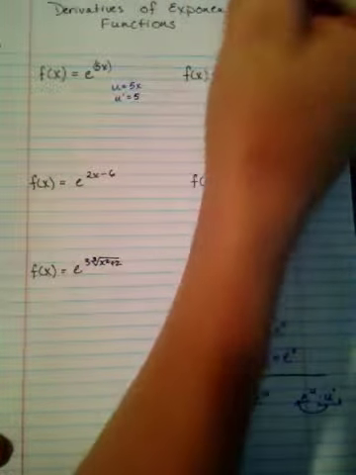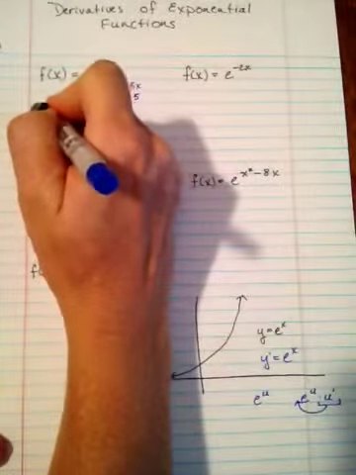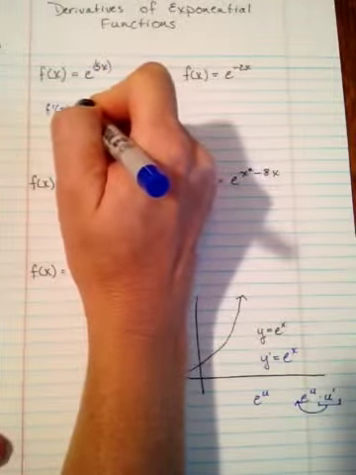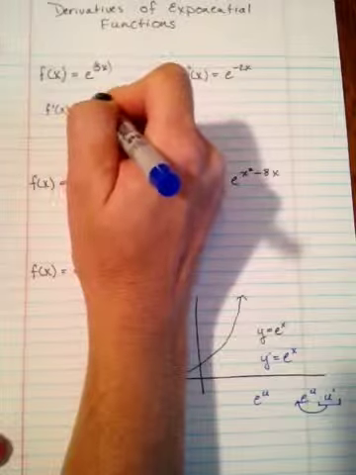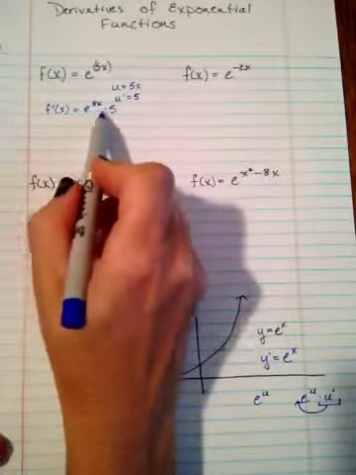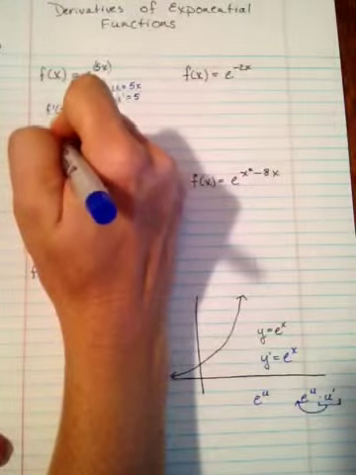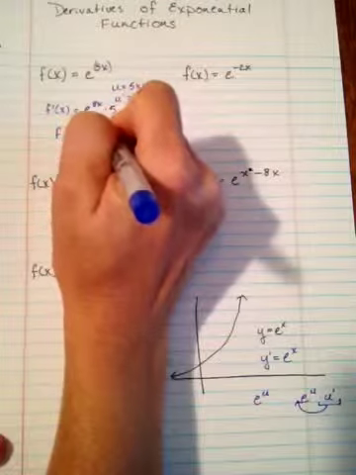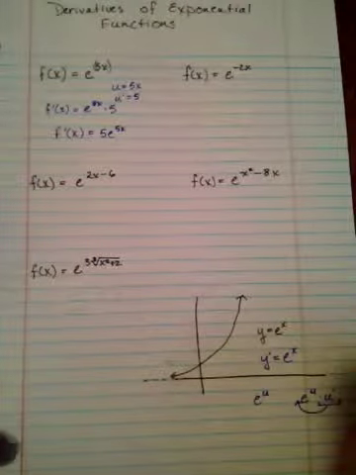The rule is that f prime of x will equal e to the u, so e to the 5x times u prime, times 5. And you can see that this is a little bit awkward. So generally we write f prime of x equals 5e to the 5x, and that is the derivative.